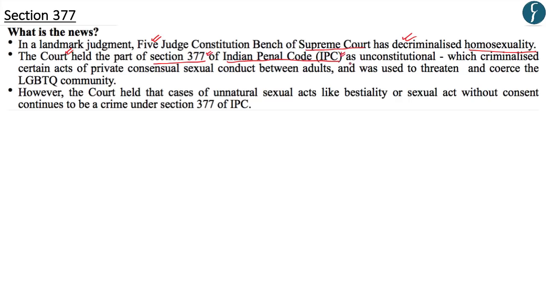Section 377 criminalized certain acts of private consensual sexual conduct between adults, and it was used to threaten and coerce the LGBTQ community, or the lesbian, gay, bisexual, transgender and queer community. However, the court has also held that cases of unnatural sexual acts like bestiality or sexual acts without consent would continue to be a crime under section 377 of IPC.